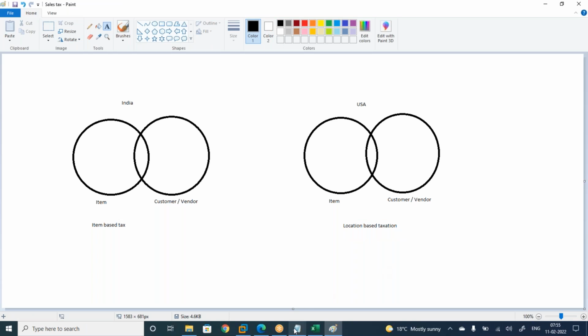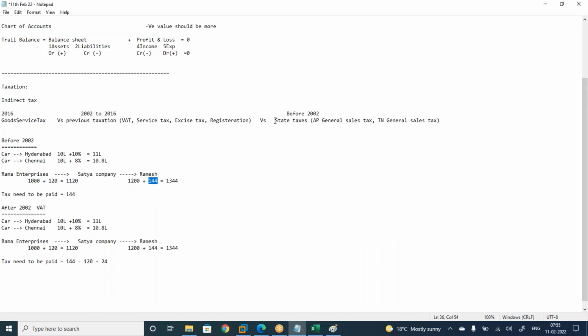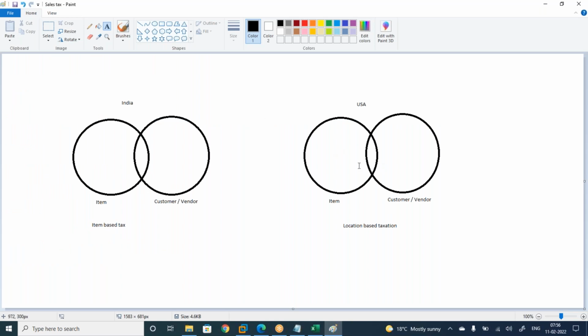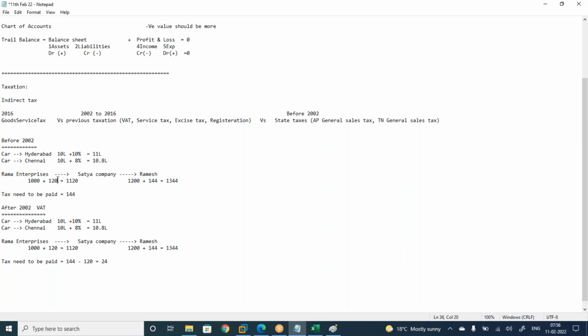So whatever taxation process was available in India before 2002, the USA is still following the same procedure. You cannot claim the input tax. You need to pay whatever you have collected from the customer.